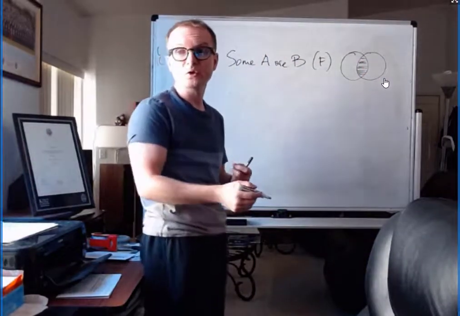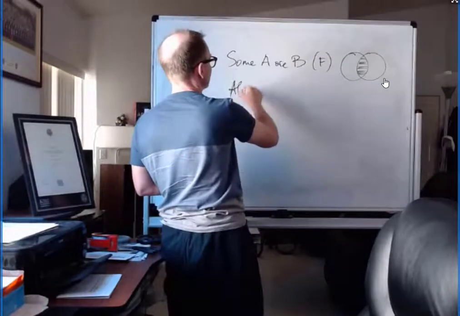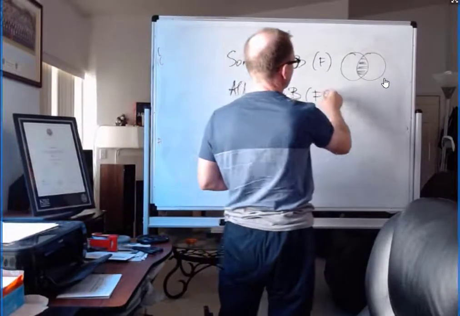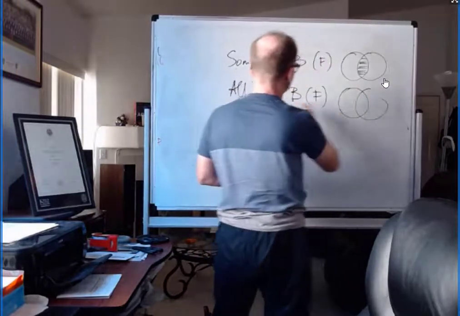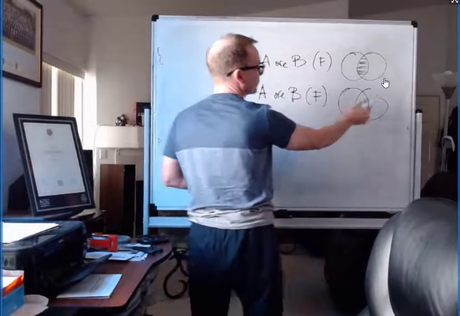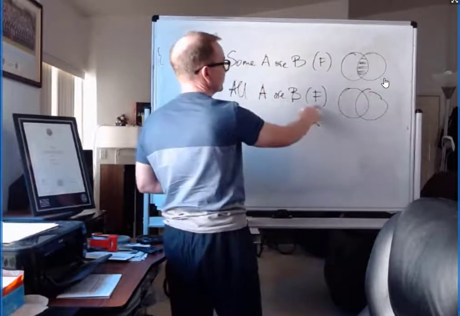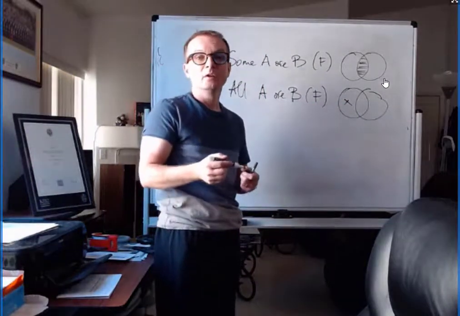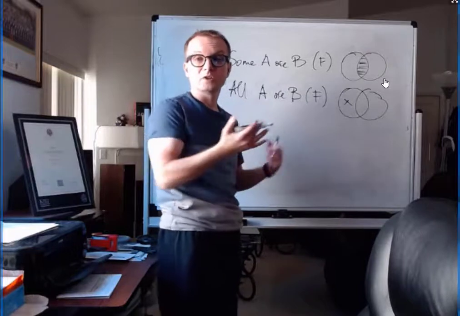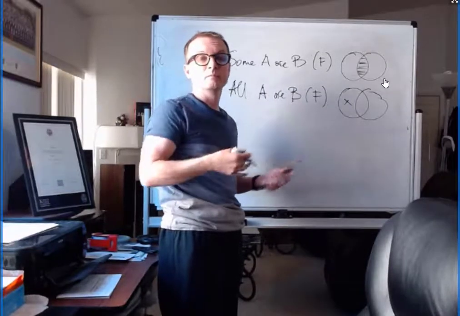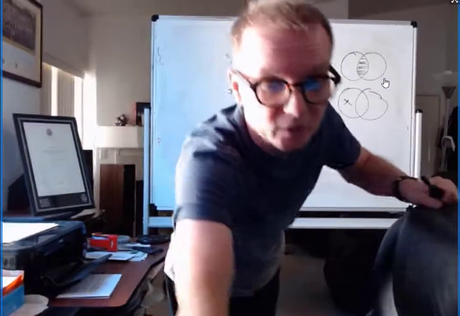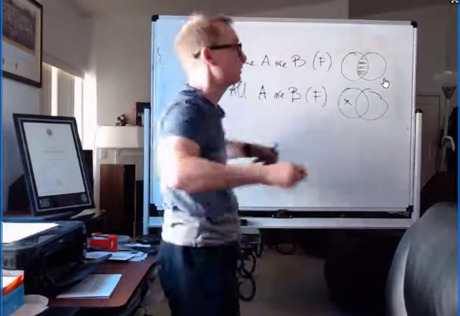Okay, and the next one is all A or B false. So now all A or B would be shading on the left side, but because it is false, we put an X instead of the shading. Now, it's invalid from Boolean. We re-examine it from Aristotelian after we put the X here.